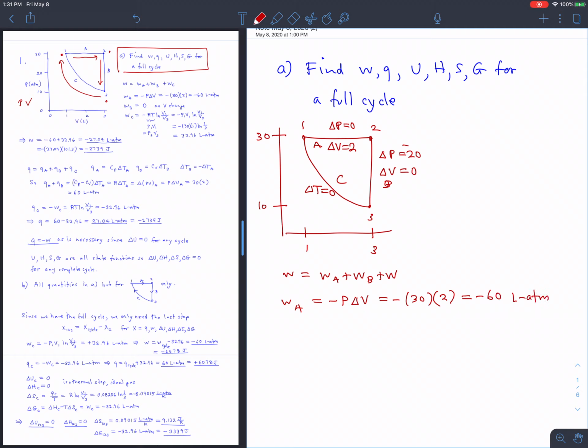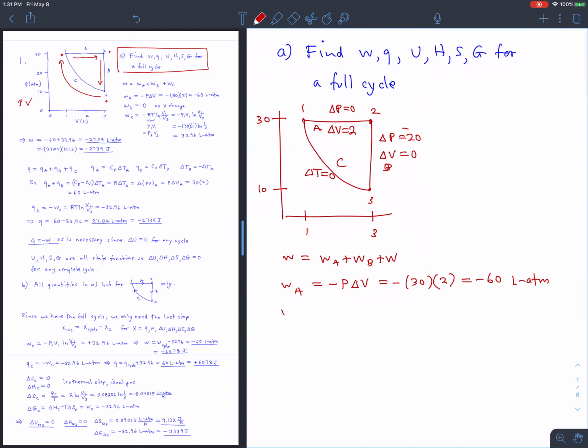And for the moment, those are inconvenient units, but I'm going to leave it in liter atmosphere units. And if you've looked at the key, you can see why. It's just convenient to use liter atmospheres for this problem. The work for B is 0, right, because there is no volume change. Anytime there's no volume change, there's also no PV work anyway.